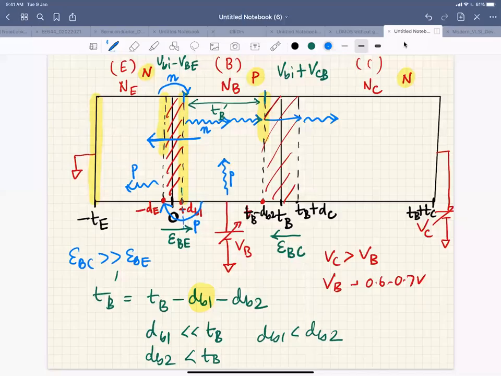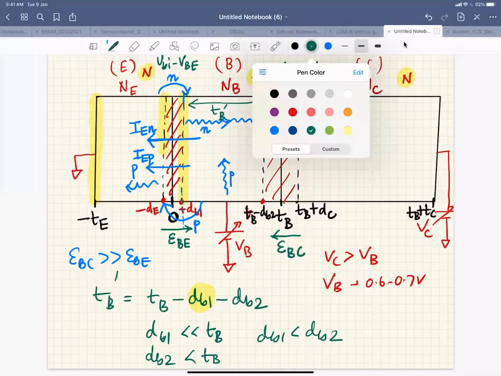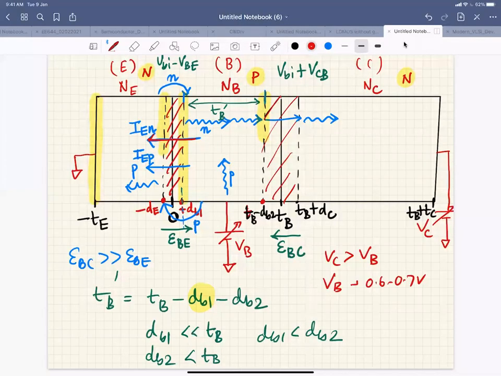Because there is an electron current, the emitter will have a component of electron current IEN, right? Similarly, there is a hole diffusion. So this also has a component IEP, right? Let me write it down in red. So I have IEN, I'll have IEP.